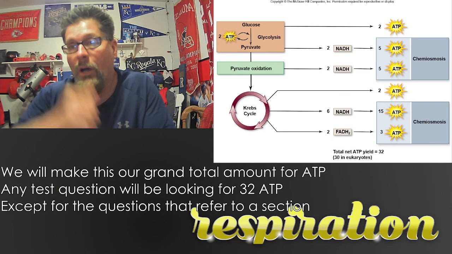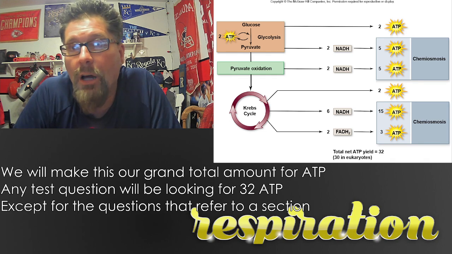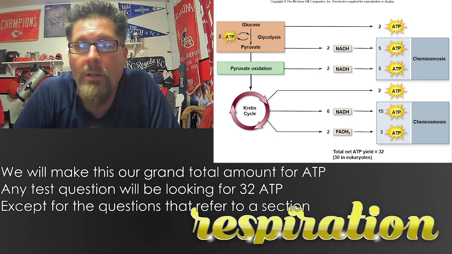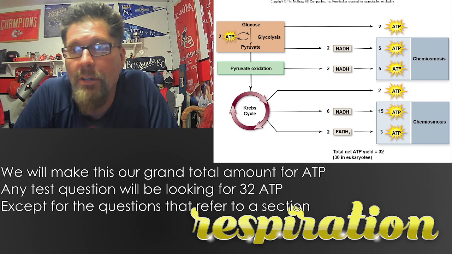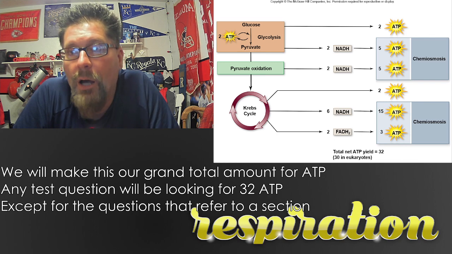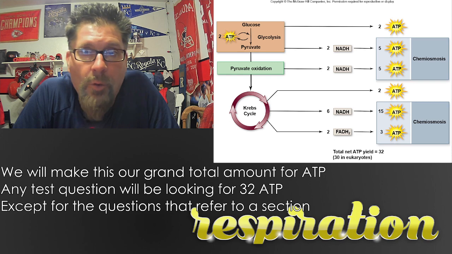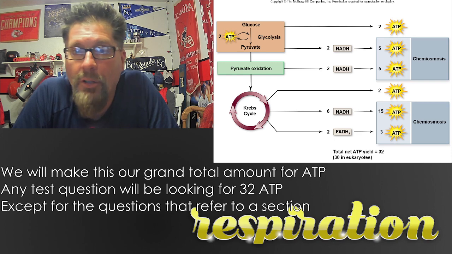Alright, so here's a diagram of ATP molecules that are made at each level. Glycolysis, making a couple, and NADH is carrying them to the chemiosmosis, the ETC, the Krebs cycle and the mitochondria. So we come down to a net yield of 32. We make 34, but we use 2 in the initial part of glycolysis to get that going, so for a net of 32.